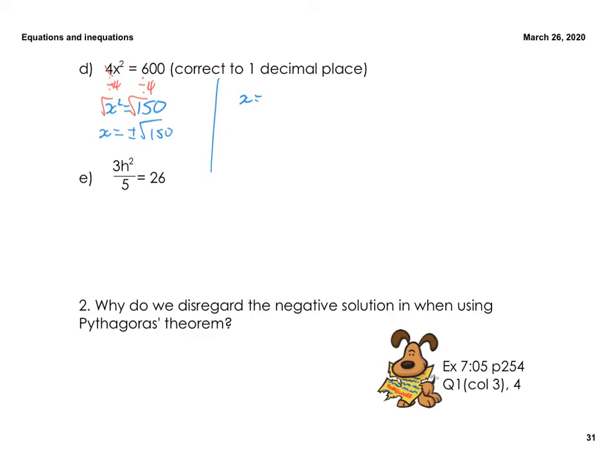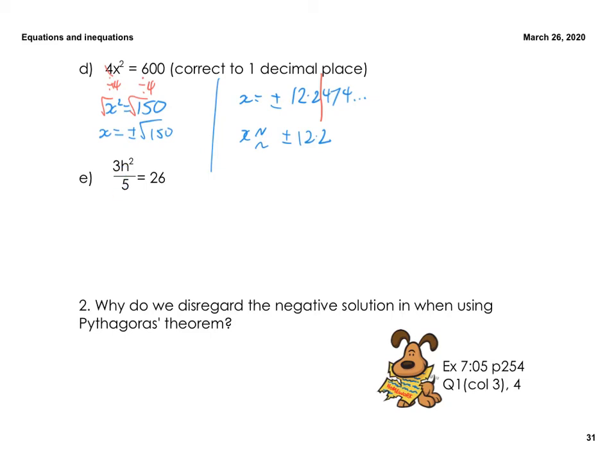Go to your calculator. Plus minus 12.2474, blah blah blah. We want 1 decimal place, so cut it off here. We're going to call it 12.2. So plus minus 12.2.